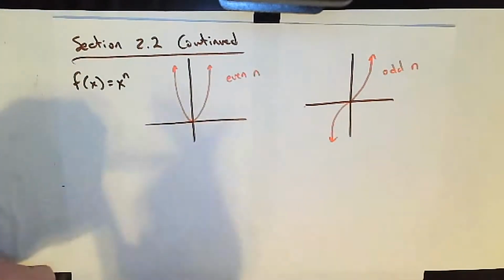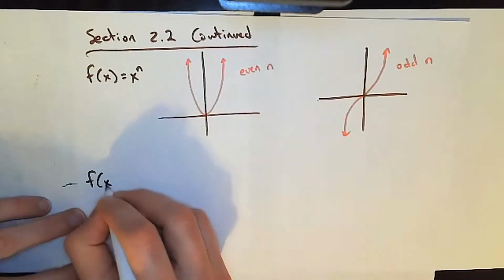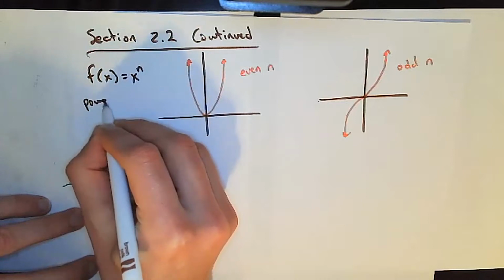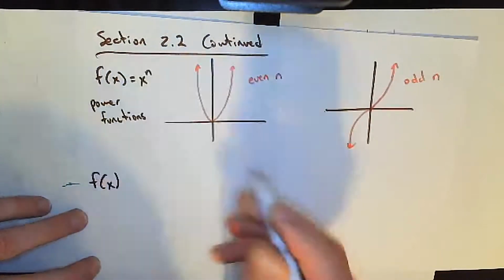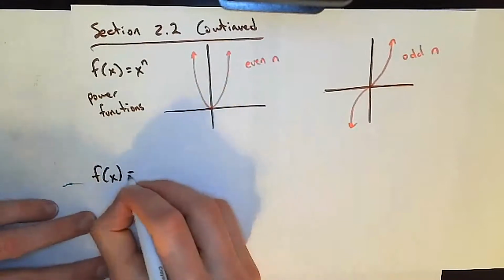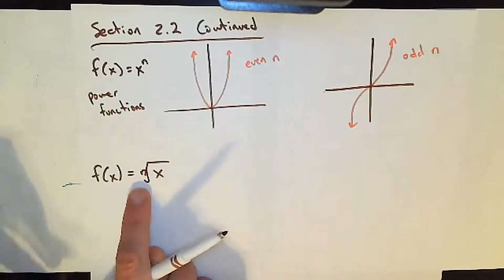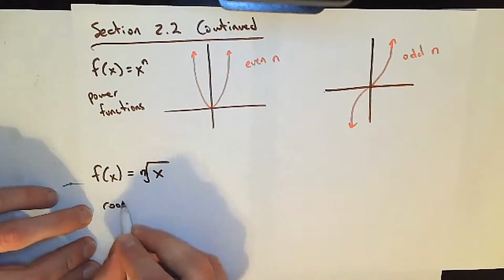Then the next class of functions we looked at were those root functions. So these up here are the so-called power functions. If I just give a name to each category here, power functions, and then these were the so-called root functions, where that n is in the index position.